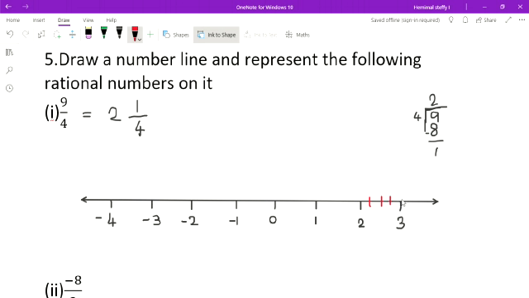Then this is also 4. So okay, 4 parts are there. Which value is this? 1. So the numerator is 1. This is the value of this point. Is it clear? This is 2 1 by 4. That means this point represents 9 by 4. Is it clear? This point represents 9 by 4.